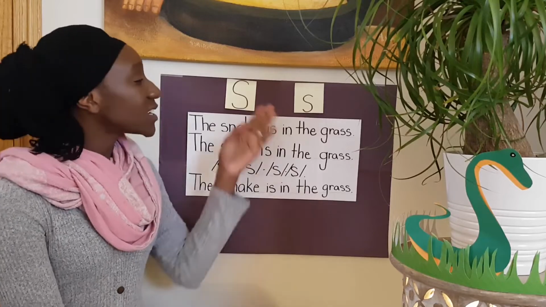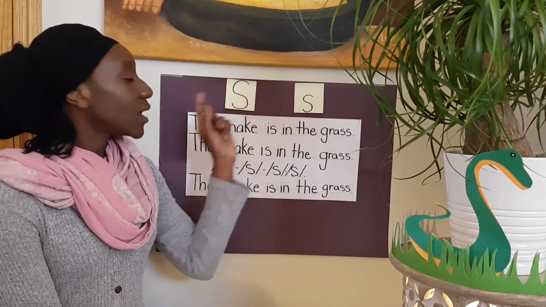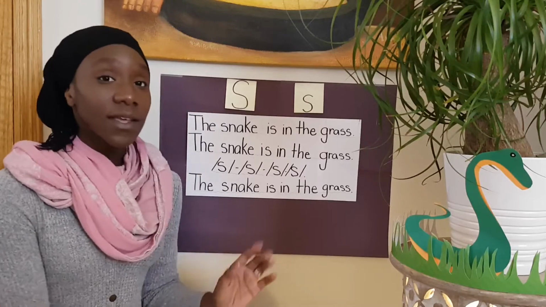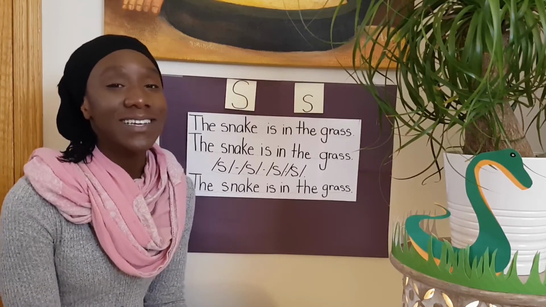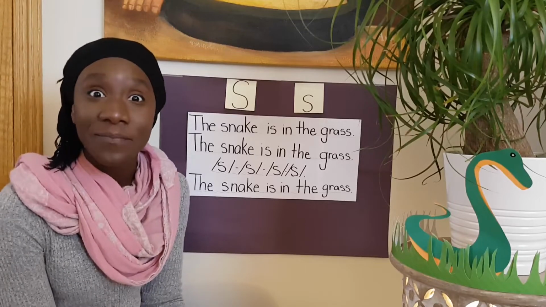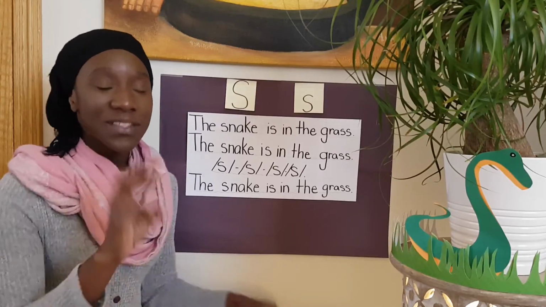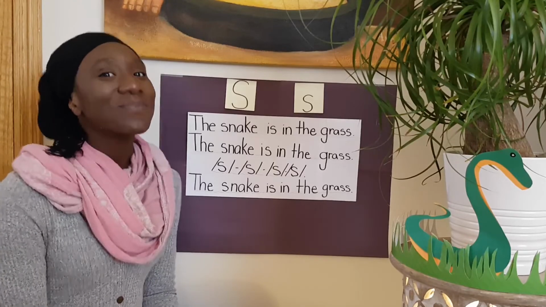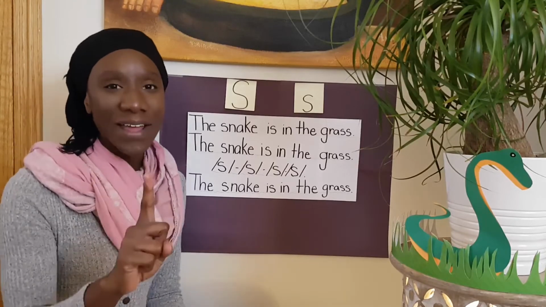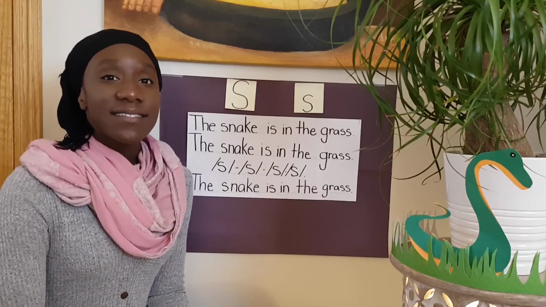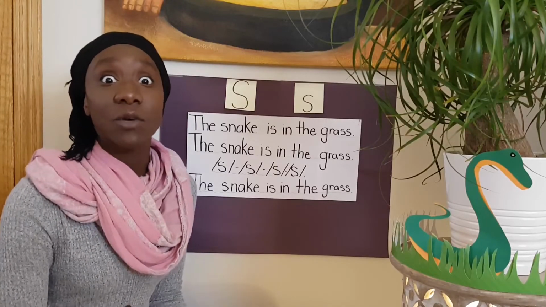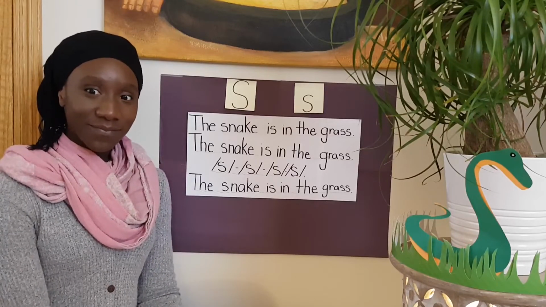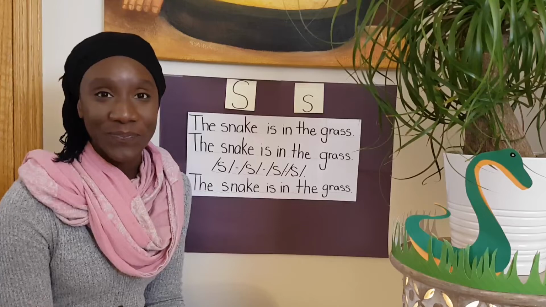Now that we have talked about the letter S, read and sang the words for the S song, it's time to play a little game called Who Am I? I'm going to give you 3 clues and you have to guess who I'm talking about. Ready to play? Okay. Clue number 1. This thing is an animal. Clue number 2.